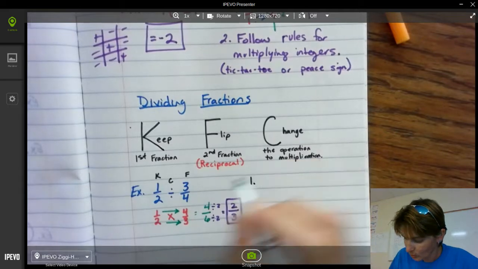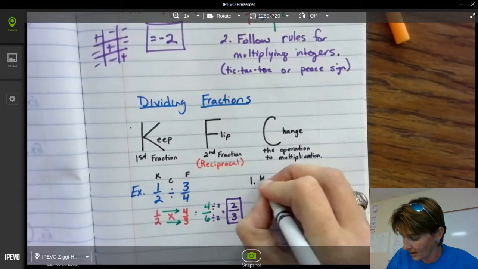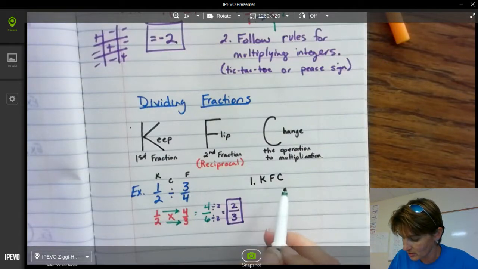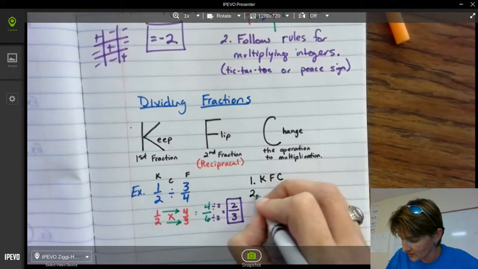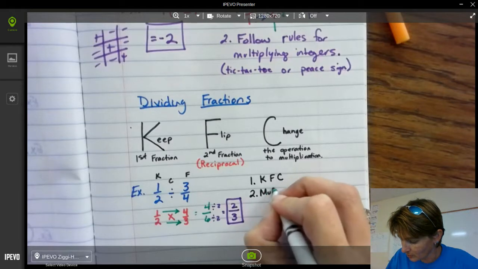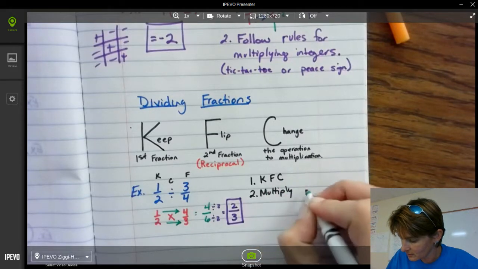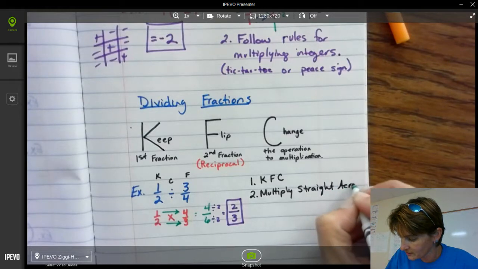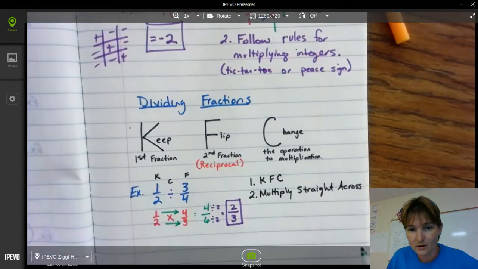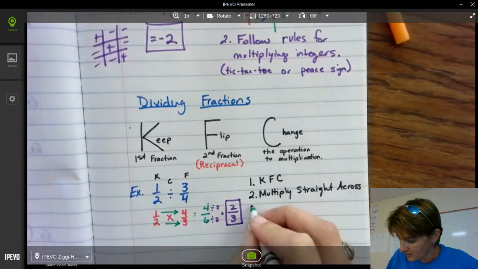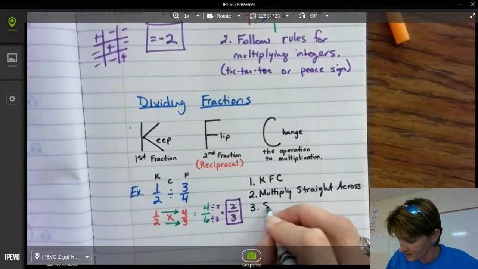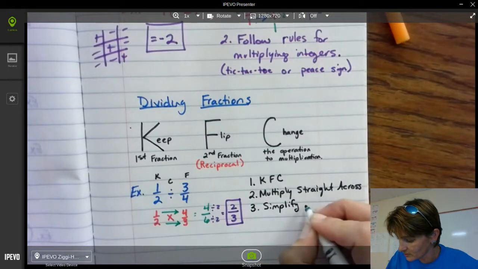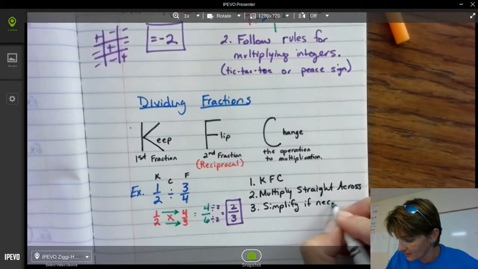First, with division, we use KFC, keep, flip, change. Then once we have done that, you multiply straight across. Okay, and then simplify or reduce if necessary.